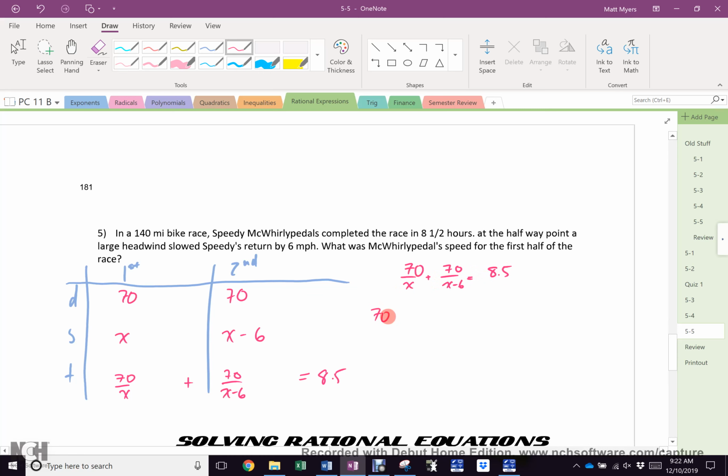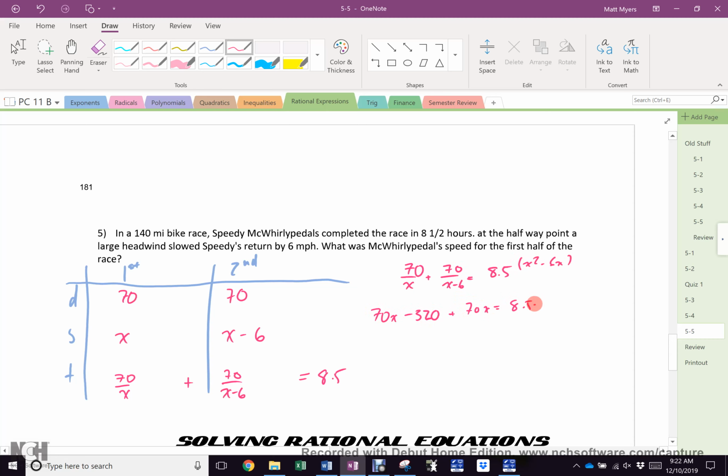So that's going to be 70x minus 320, yes? What's this guy getting? Plus 70x equals what? What's this guy getting? x squared minus 6x, right?